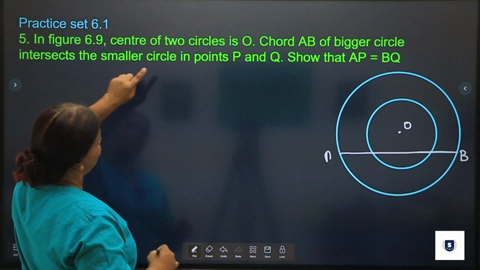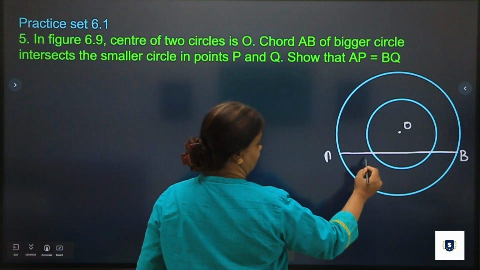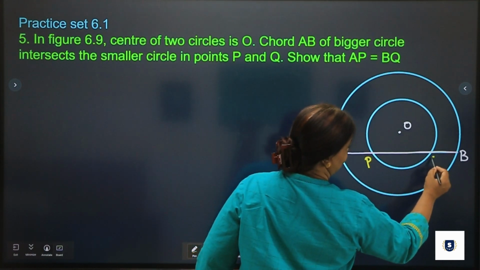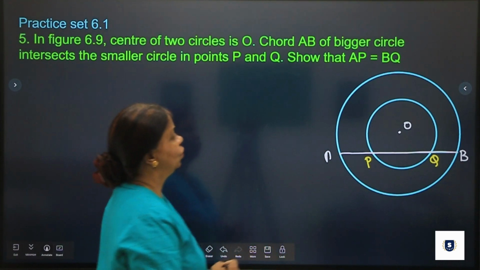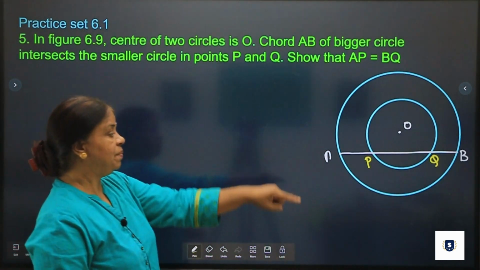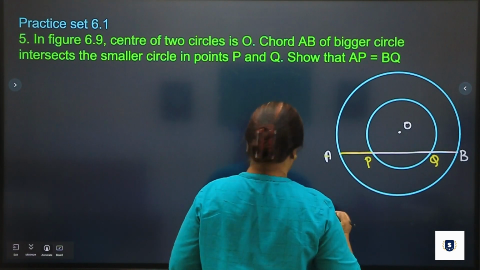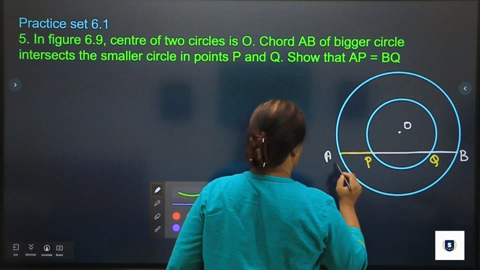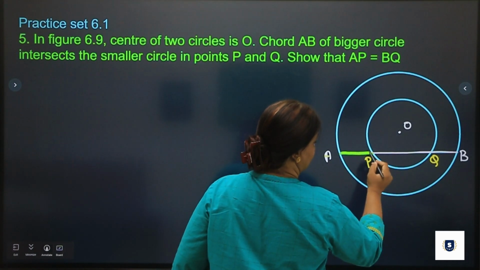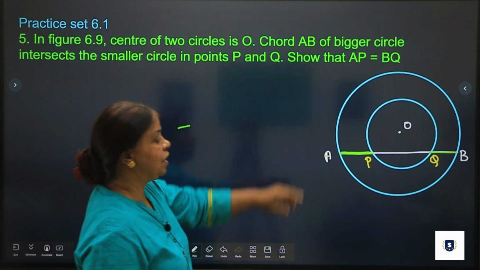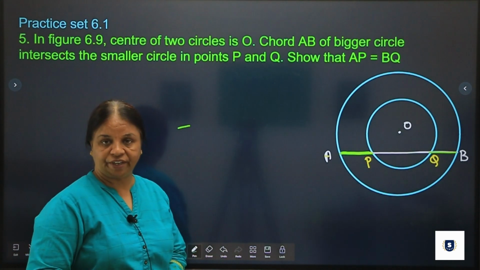It intersects the smaller circle in points P and Q. Show that AP is equal to QB. Yeah, BQ. We want to prove it.